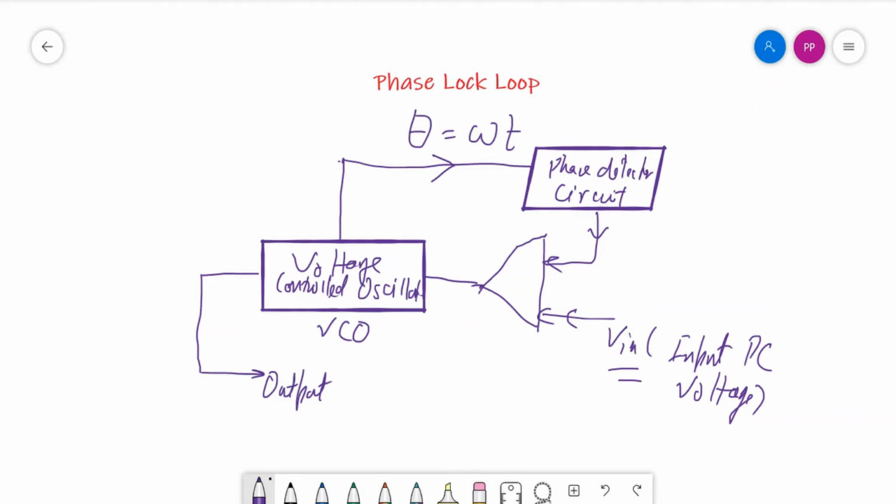So how does the varactor diode play the role here? The varactor diode is used in the reverse bias mode, where the capacitance of the varactor diode changes in proportion to the applied reverse bias voltage.